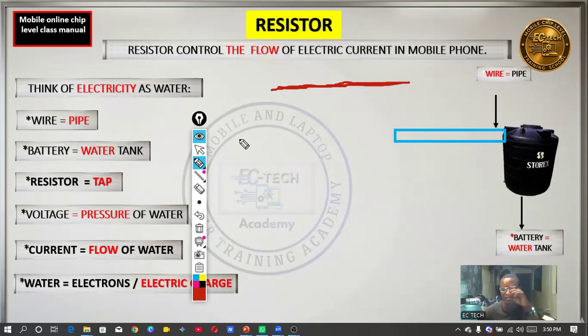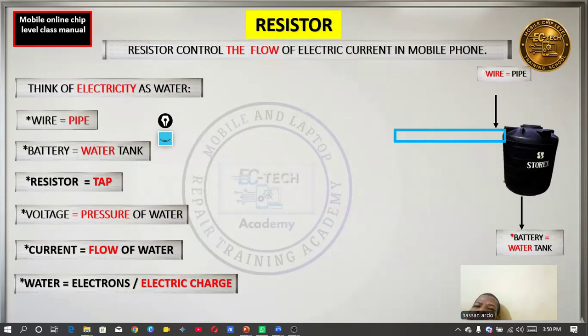You see the lines on your mobile PCB. Those lines are copper wire. If you try to scrape it, you see that it's copper wire. We call it a PCB trace, or trace line.